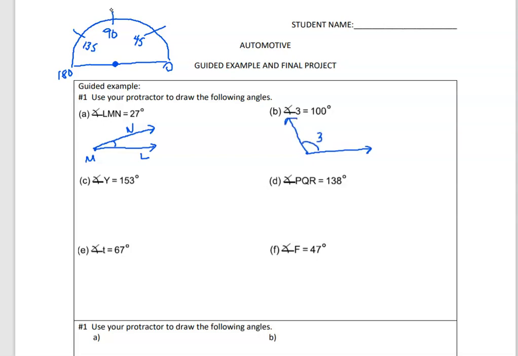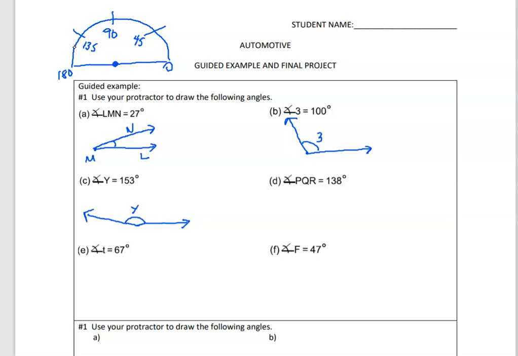That's going to be angle 3. 153, well, that would be past 135, so I would go 0, 135, and I want to go a little bit past that to 153. It'd be a very wide angle. Okay, this right here would be angle Y, 153 degrees.